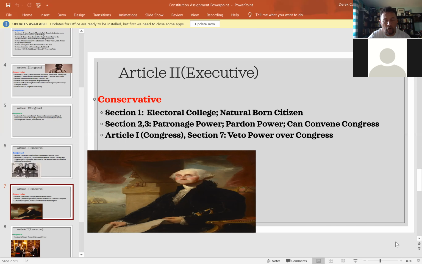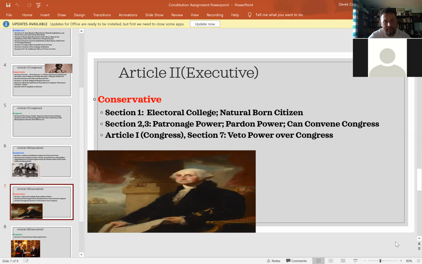So the electoral college system, whereby you had actual electors at first, the number of whom depended upon the number of congressmen in your state. So remember, you get 1 House rep for every 30,000 civilians, and then you get 2 senators no matter what.